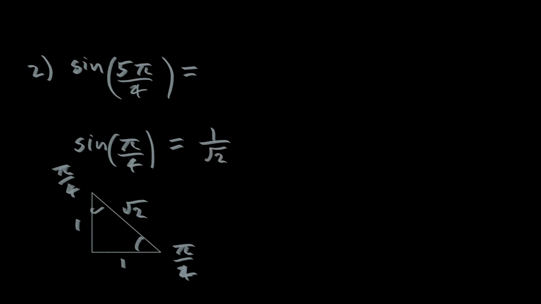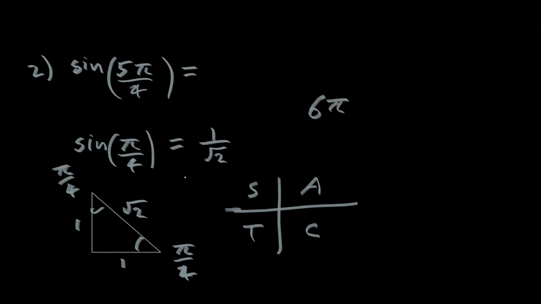Now we just need to consult a CAST diagram to determine what our answer is to the sine of 5π/4. And to do that, we figure out which quadrant an angle of 5π/4 is in. Now 5π/4 is almost 6π/4. You don't have to use 2π or π as a reference point.